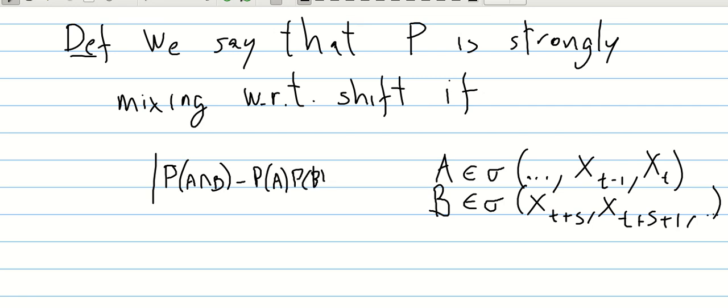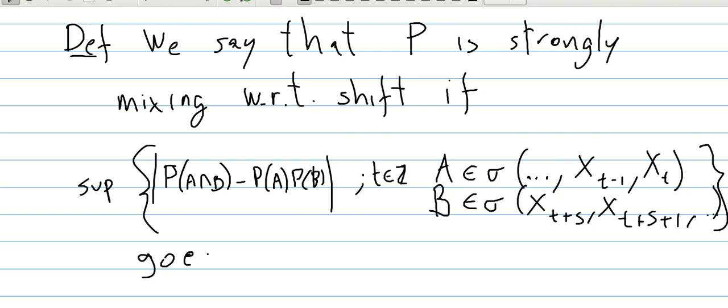So if this was 0, there would be independent events, but we don't expect this to be exactly true. We just expect that for any t in Z, the supremum of this quantity should go to 0 as s goes to infinity.